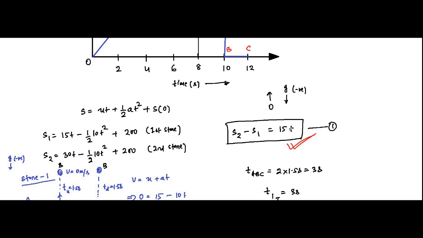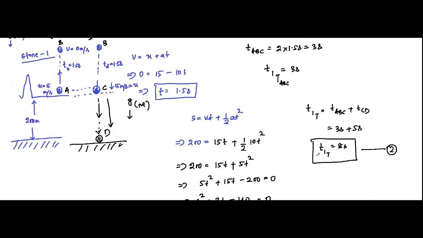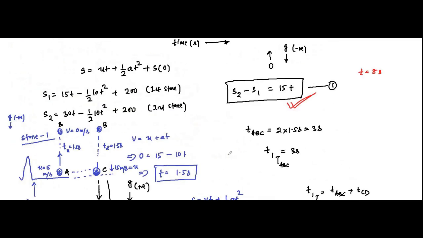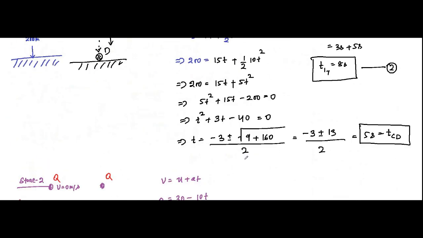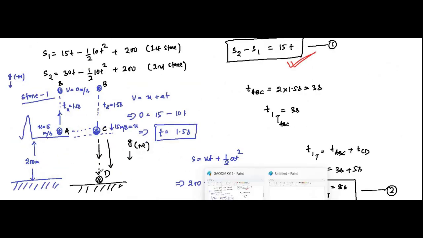Here at S2 minus S1 equals 15t, we put t equal to 8 seconds. Why? Because stone 1 has hit the ground earlier. The total time taken for the journey of stone 1 from the top of the cliff to the ground is 8 seconds.